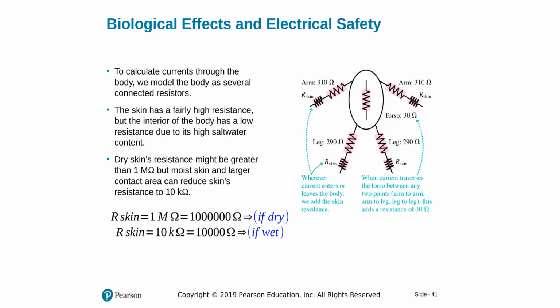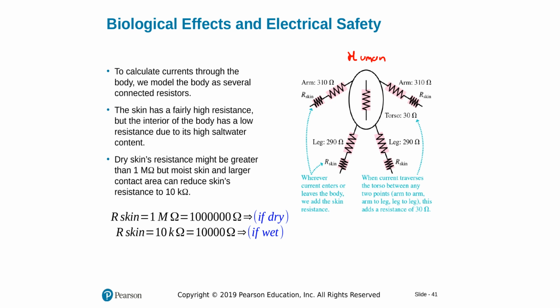We can form resistances across our body. It varies by people, but overall we can show the resistance of skin, arm, torso, and legs, and represent the human body as a resistor system.